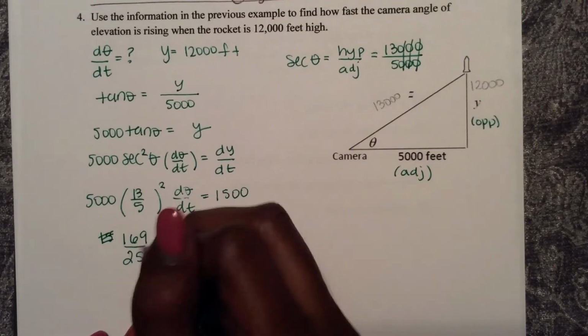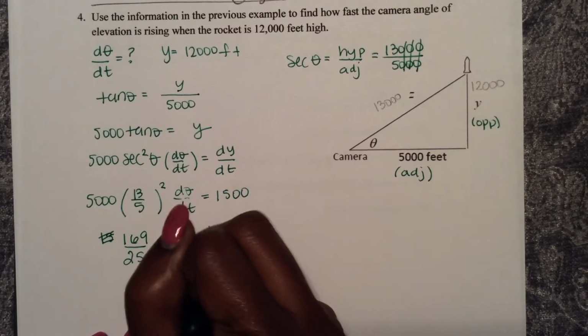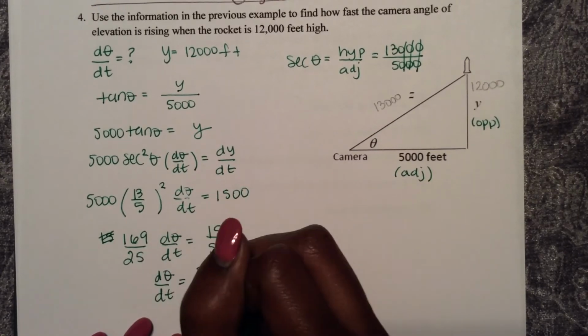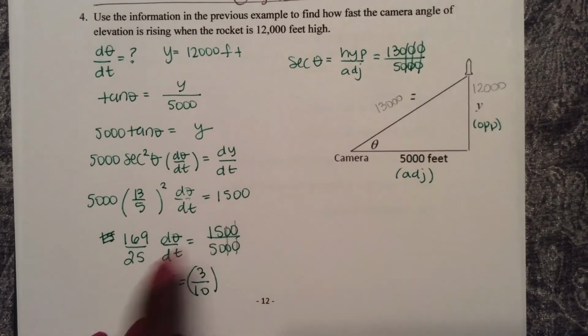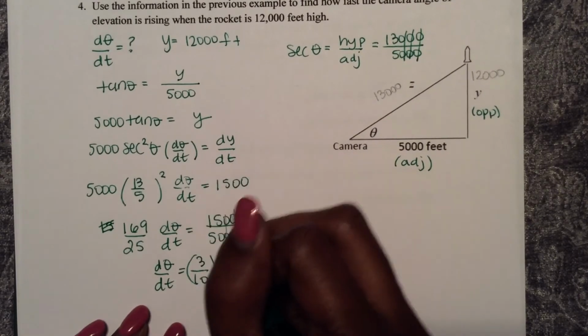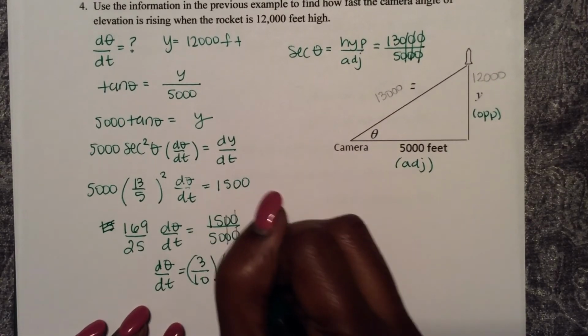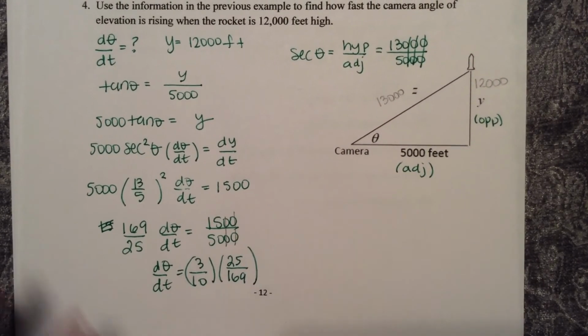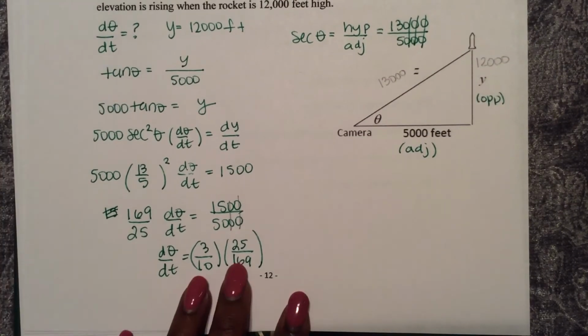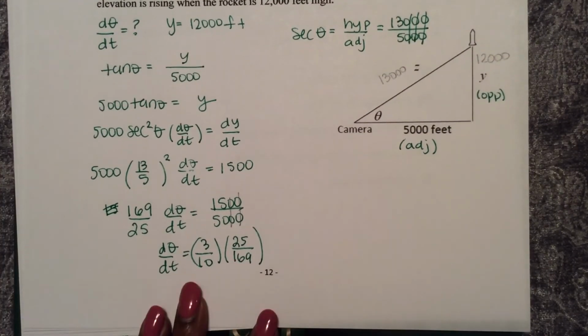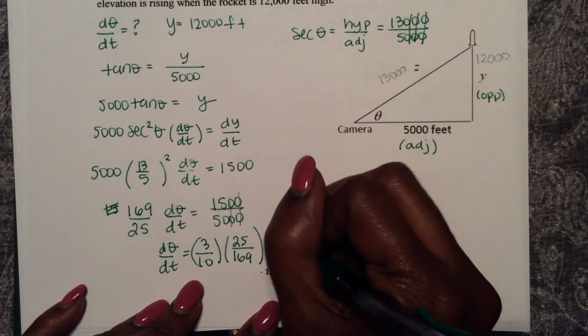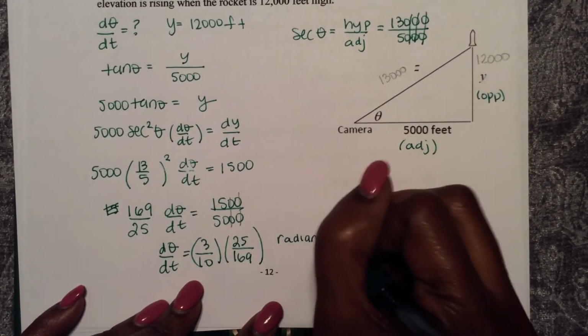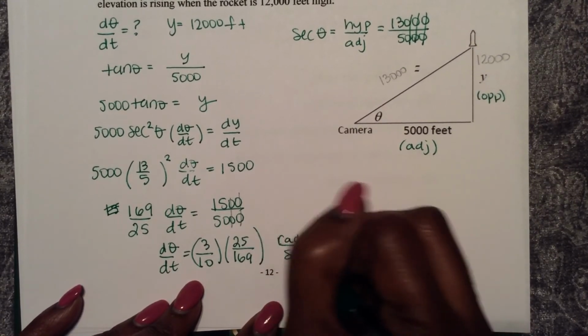So now I have dθ/dt equals 3 over 10 multiplied by the reciprocal, 25 over 169. I'm just going to leave my answer here. I don't feel like simplifying this, but my units would be in radians per second.